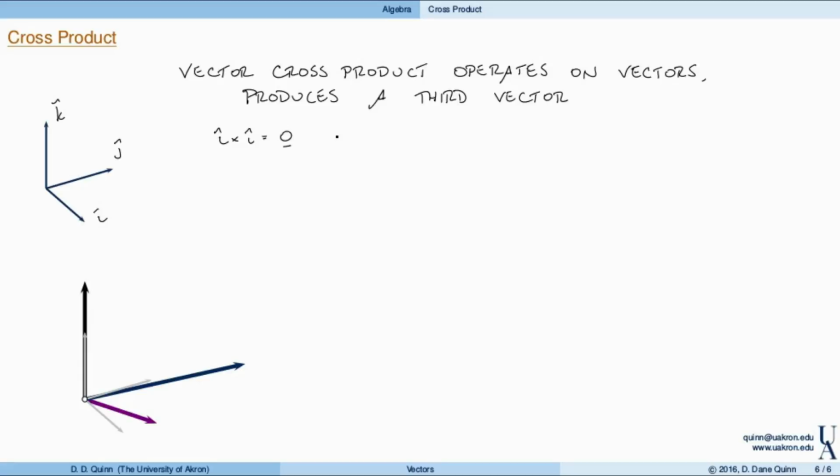Anytime I cross a vector with itself, I get 0. i cross j is defined as k. i cross k is minus j. Likewise, j cross i is defined as minus k.